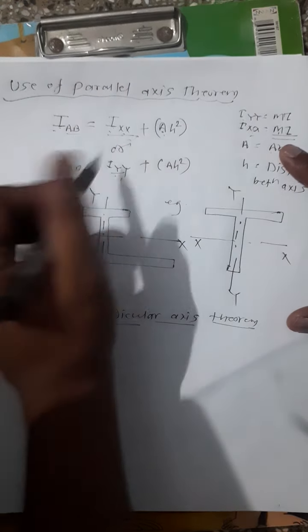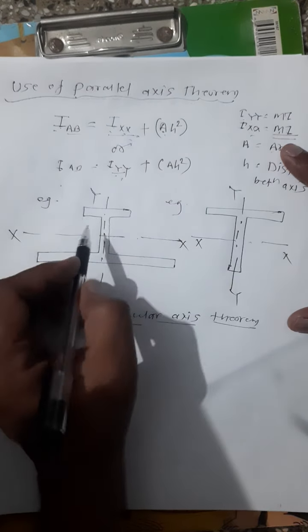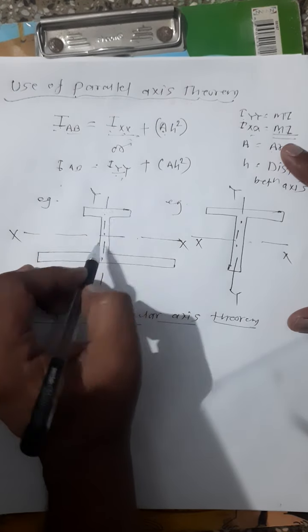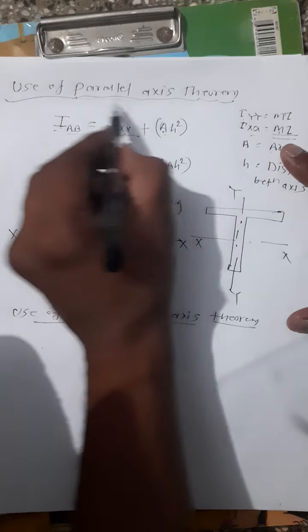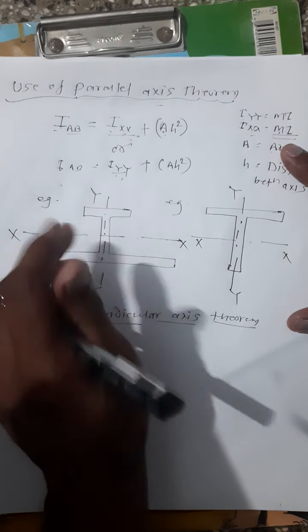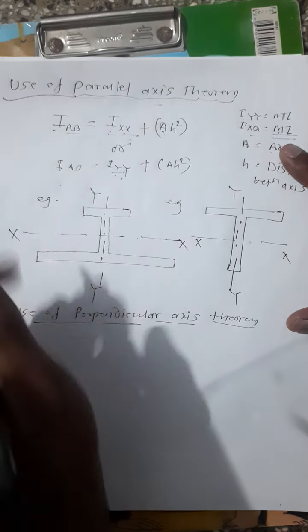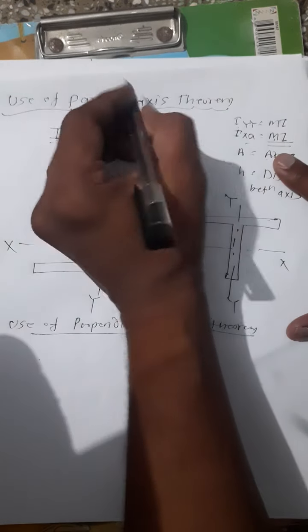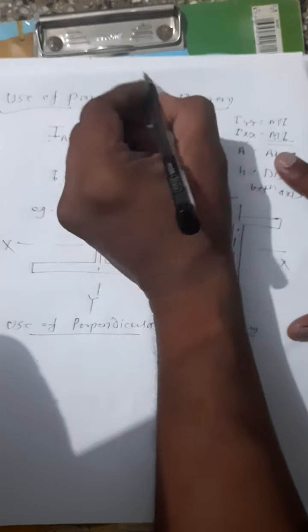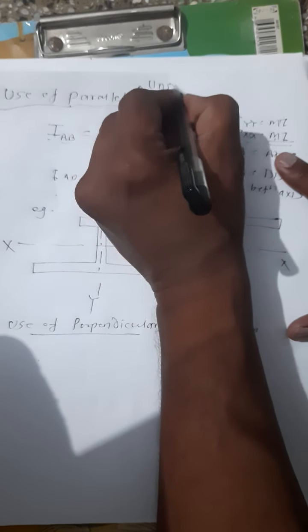So see, when do we have to use this parallel axis theorem? When our axis is unsymmetric, that time you have to use parallel axis theorem.